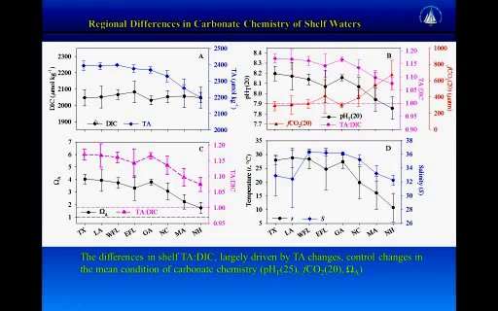This is the mean shelf water condition. So basically, this is the mean alkalinity of the water on the shelf. As the alkalinity decreases in the northeast, we don't see much change in the mean DIC concentration.